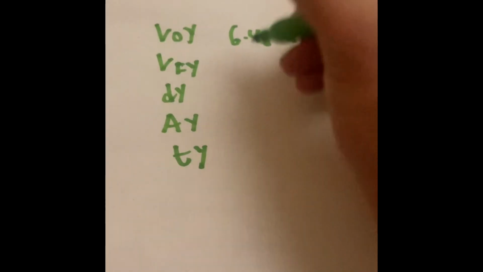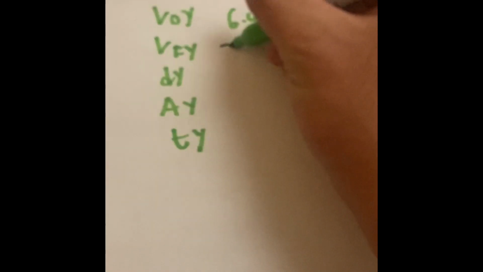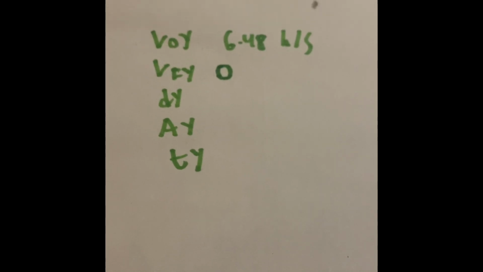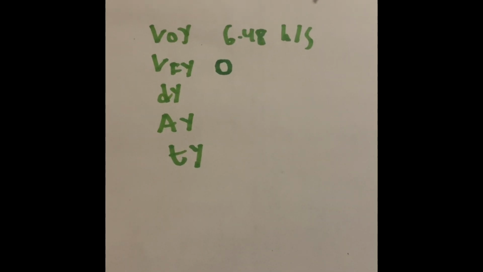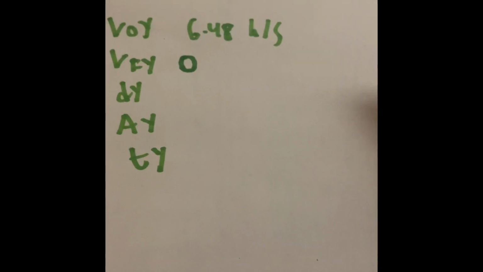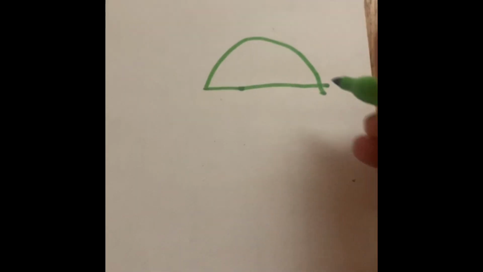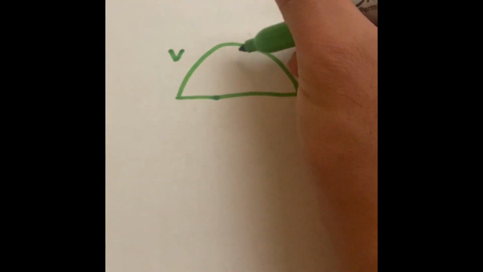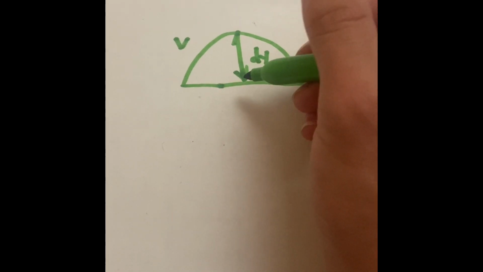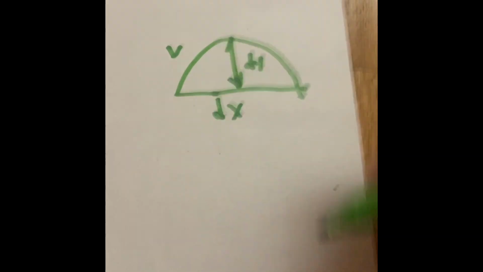And we're going to say that our Voy, our final velocity of y, is actually going to be 0. So picture this. Imagine you see this diagram right over here. We realize that this was our v, the height is going to be our dy, and the dx is going to be the distance.